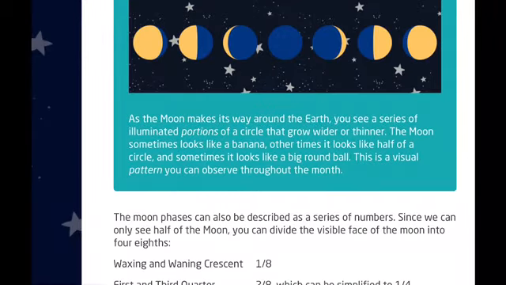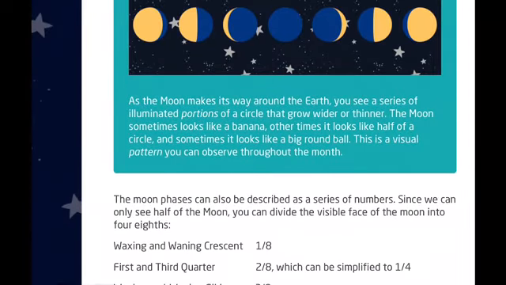It says, as the moon makes its way all around the earth, you can see a series of illuminated portions. Portions, a group of something, depending on what you're talking about, of a circle that grow wider or thinner. The moon sometimes looks like a banana, other times it looks like half of a circle, and sometimes it looks like a big round ball.